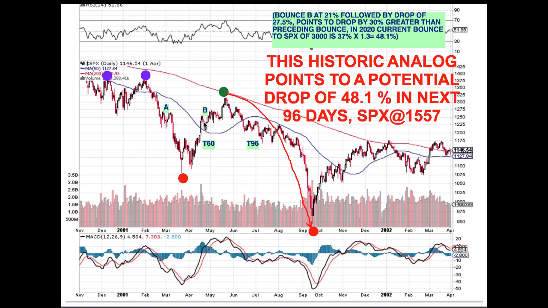So the difference between 21 and this drop of 28%, the difference is 7. Take 7 divided by 21, guys. It's 30%. And if you apply the current condition, which is we're up at 37%, you add an extra 30% to that, that's how you will arrive at a figure of 48.1.